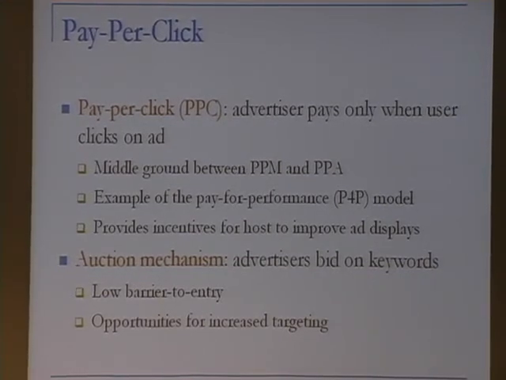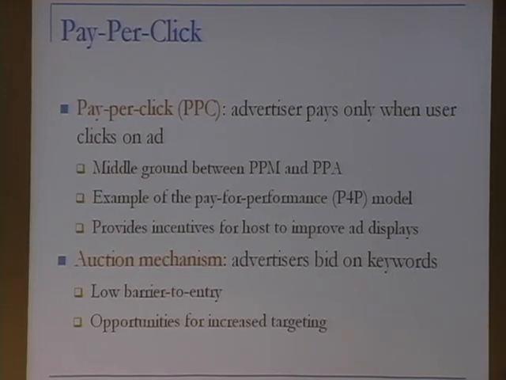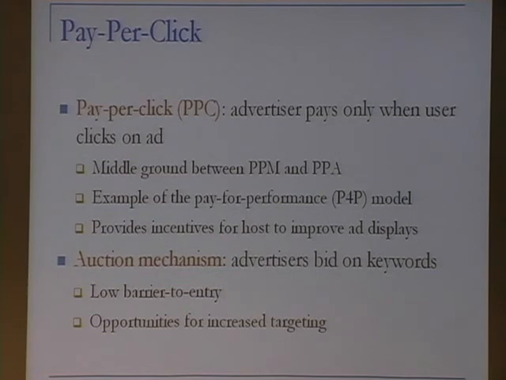But another big benefit here was that it really made a low barrier to entry for a lot of the mom and pop shops that were on the internet. So you have all of these very small businesses. They can't afford to negotiate contracts for banner advertising with the host web pages, and so the auction mechanism was quite easy for them to use, and they could start to have online ads as well.